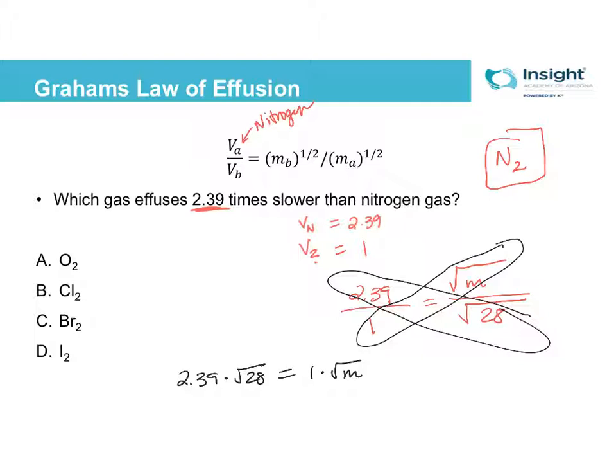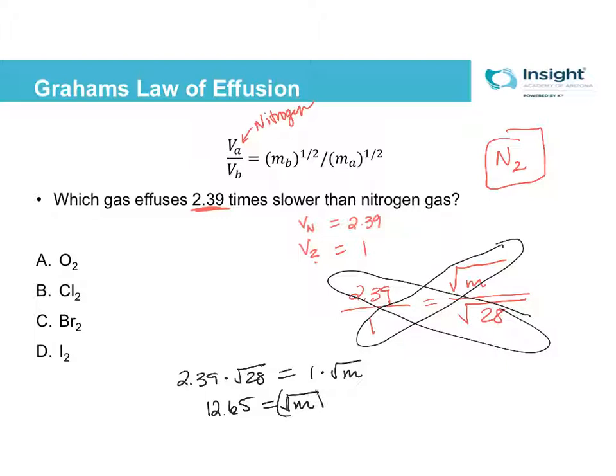So let me grab my calculator here. If you're using your phone, you gotta flip it sideways. The square root of 28 is 5.29, times 2.39 gives me 12.65, equal to the square root of m.